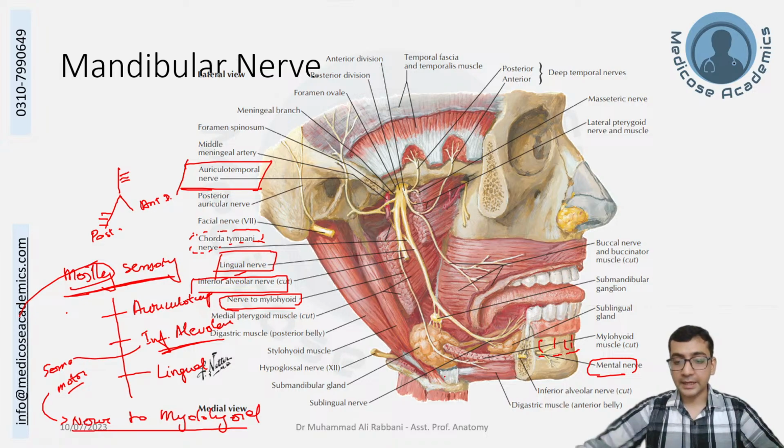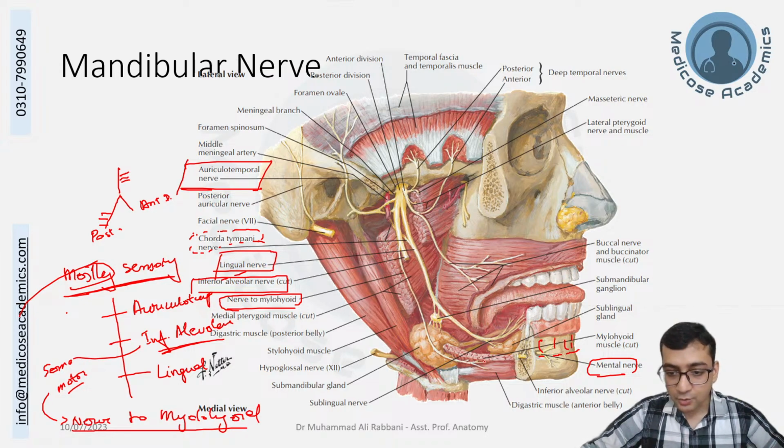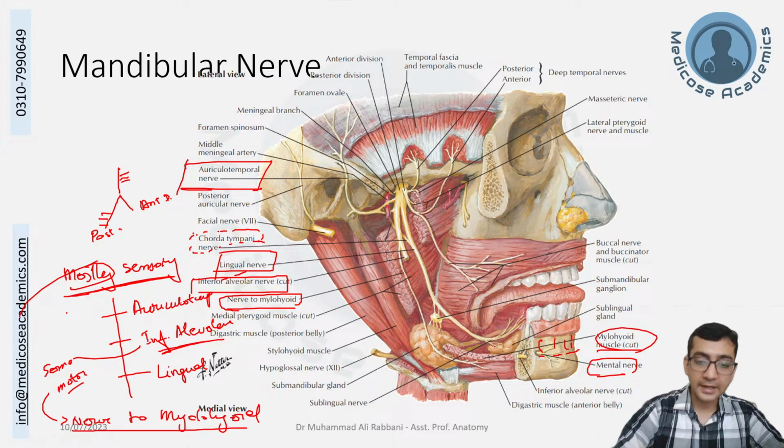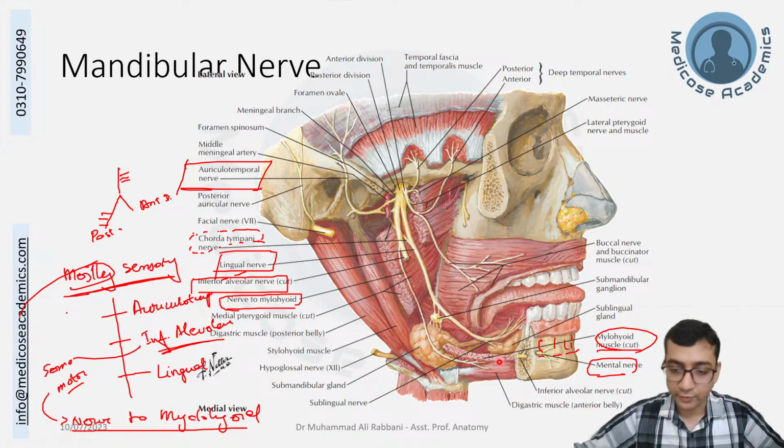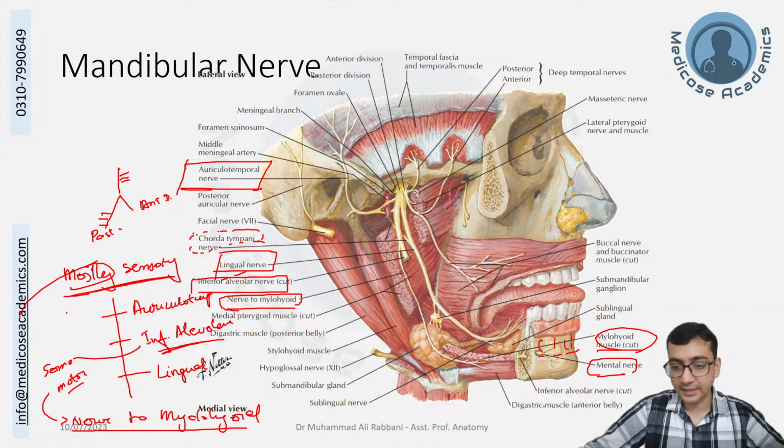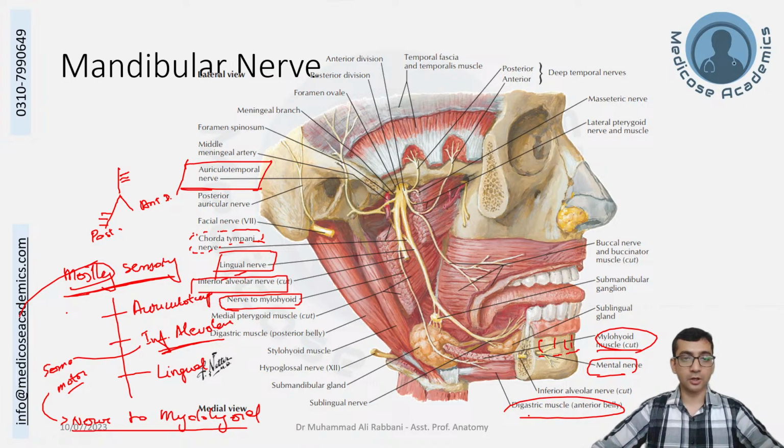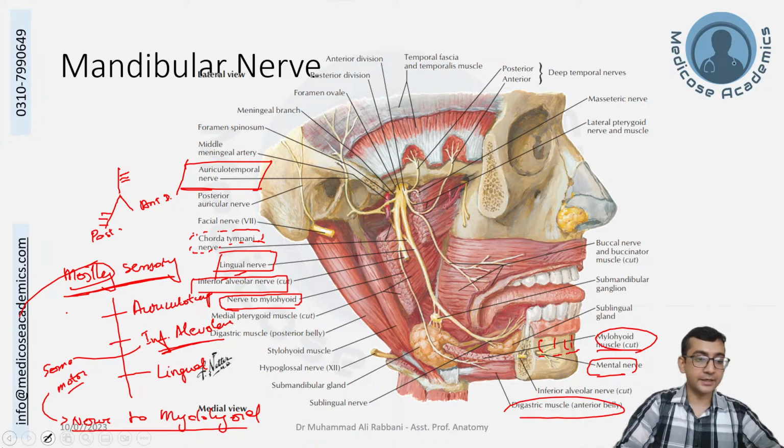It goes down, and as you can see, it is going to supply the mylohyoid muscle and the muscle that is just superficial to it, that is the digastric muscle, anterior belly. So this is all about the supply of the posterior division of the trigeminal nerve.